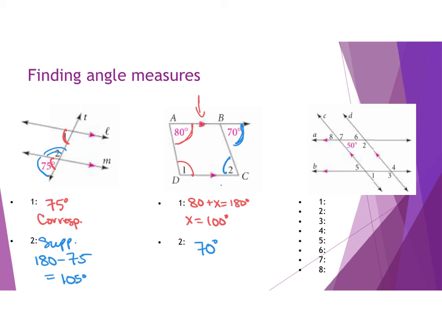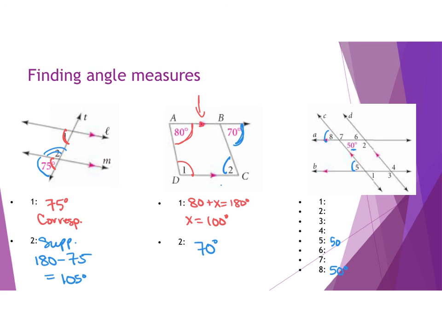So right away, because I have this 50 degree angle on the inside, I know that angle 8 is also going to be 50 degrees. And because of alternate exterior, if 8 is 50, then 5 is also 50.